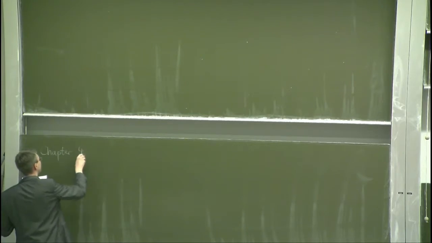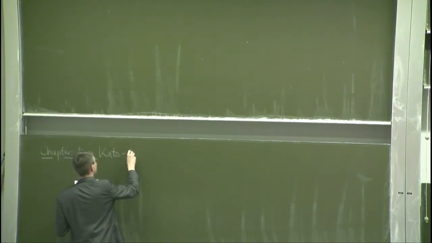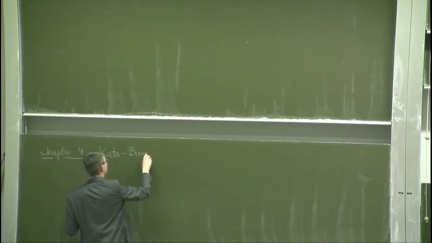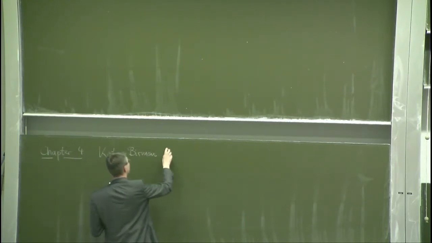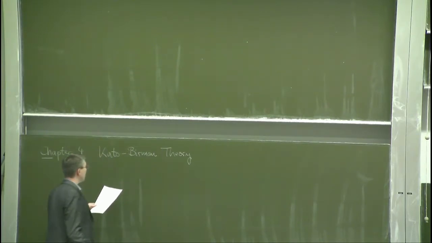Okay, welcome to today's lecture on scattering theory. Today I would like to begin with chapter 4, which is Kato-Birman theory.